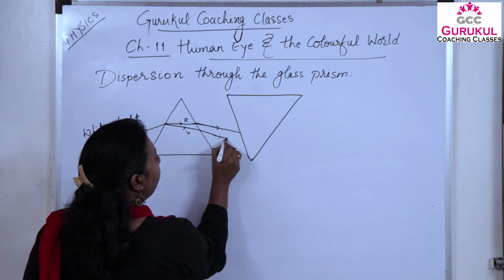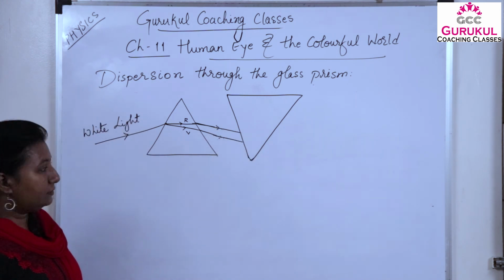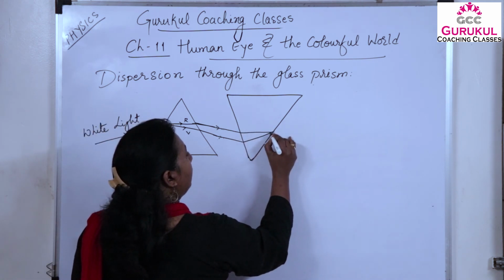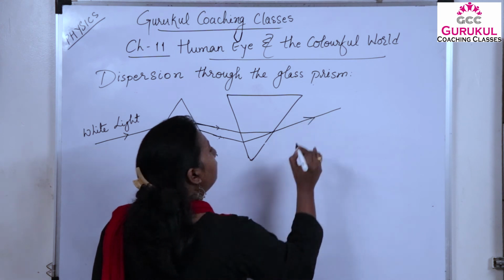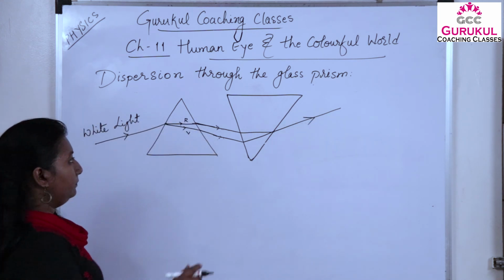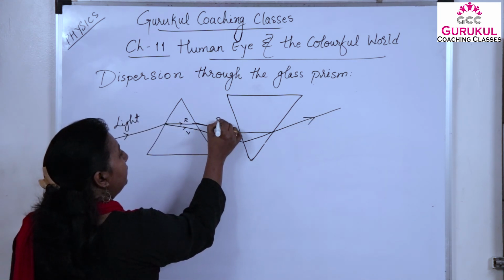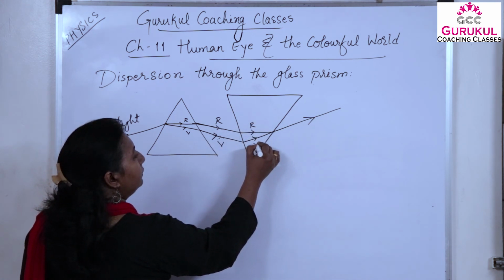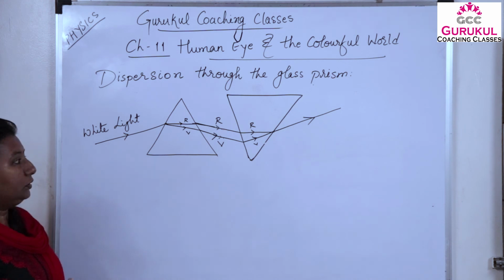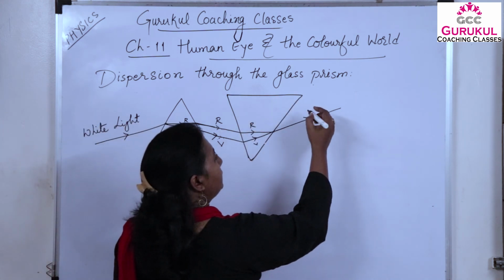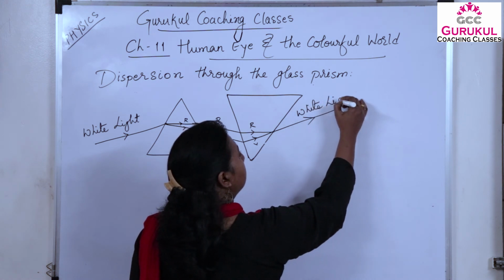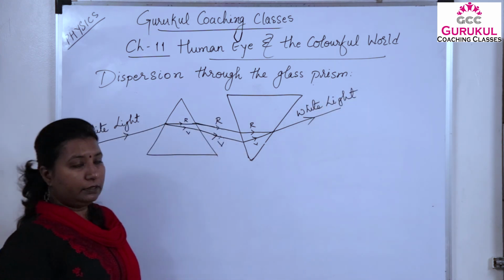then this spectrum will enter the glass prism, undergo refraction, and finally the white light will come out from the glass prism. This is red color, this is violet color, red, violet, and when it comes out from this glass prism it will convert into white light, right?